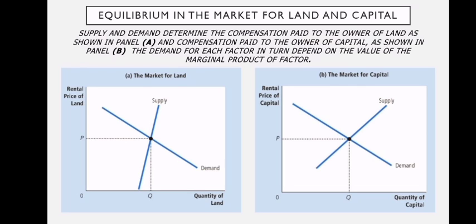And as we have just seen, the equilibrium rental income at any point in time equals the value of the factor's marginal product. Therefore, the equilibrium purchase price of a piece of land or capital depends on both the current value of the marginal product and the value of the marginal product expected to prevail in the future.